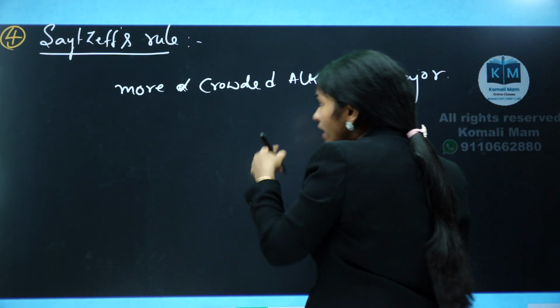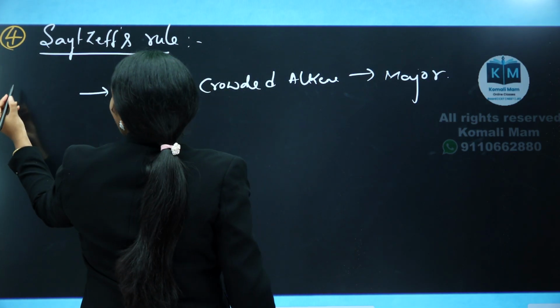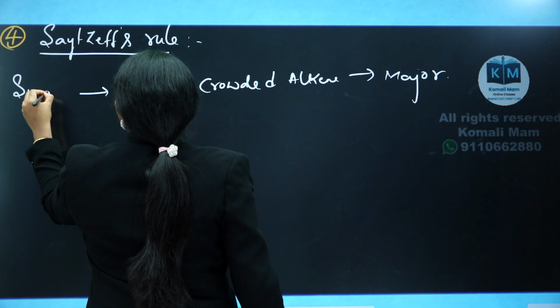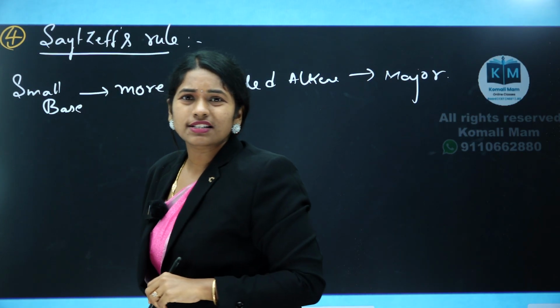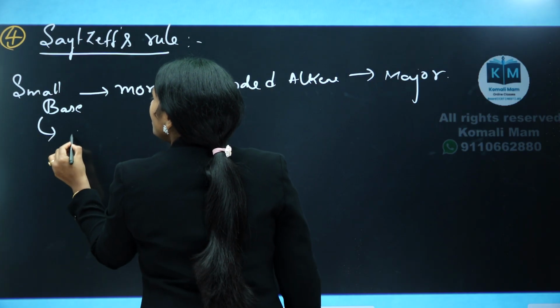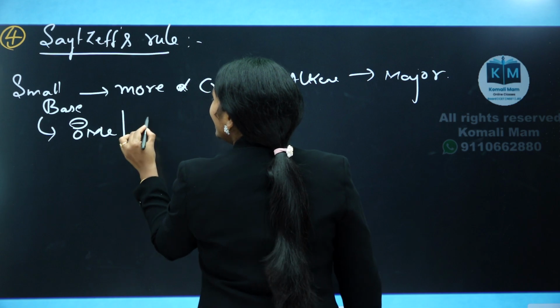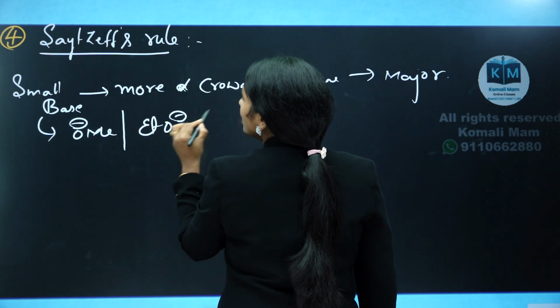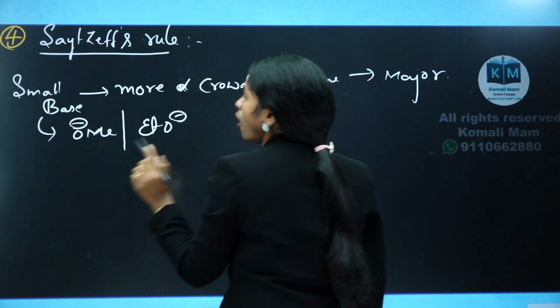I'll tell you what this more crowded alkene is. This is when you take a small base like methoxide, ethoxide. For example, see, methoxide, OMe, or ethoxide like this. Et means ethyl, ethoxide. These are small bases.